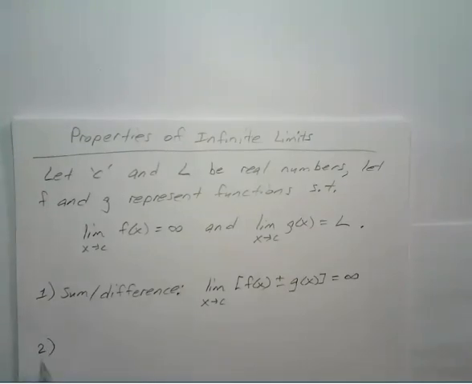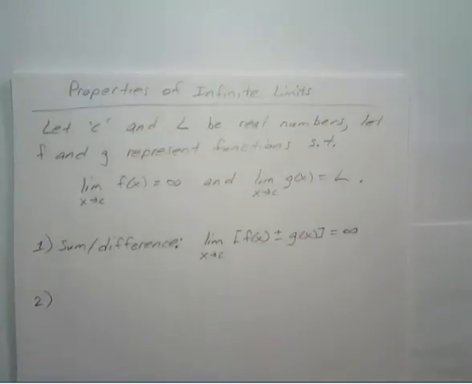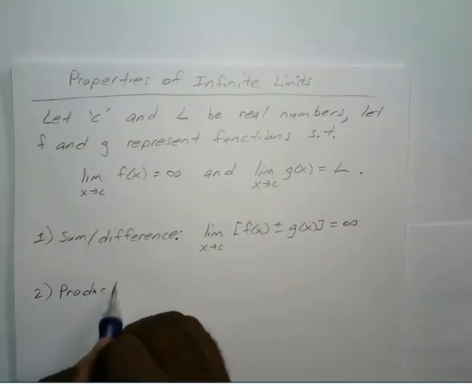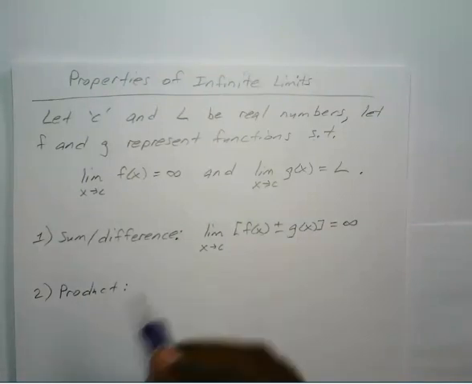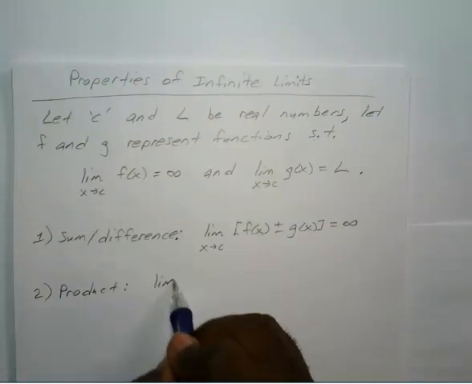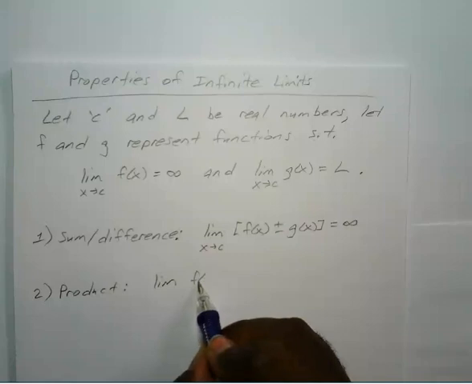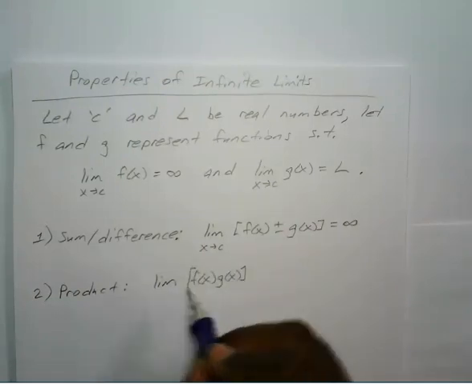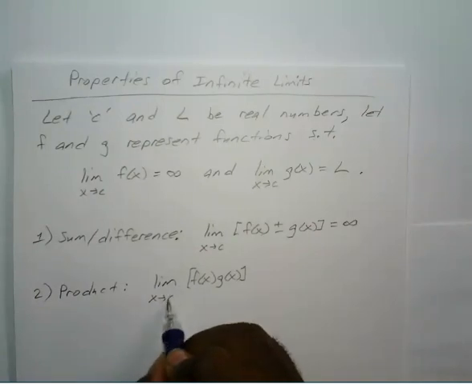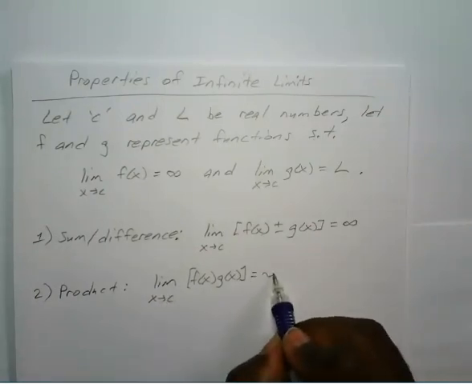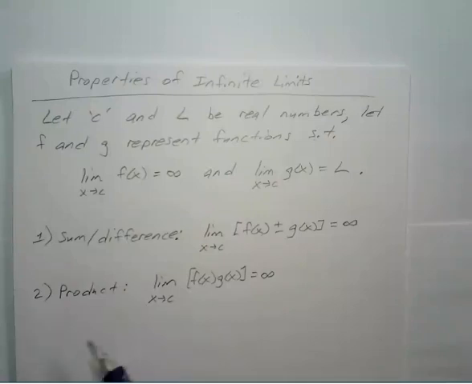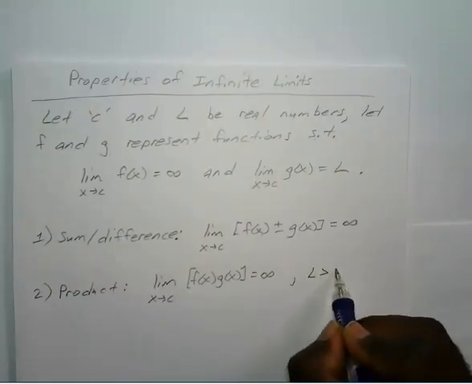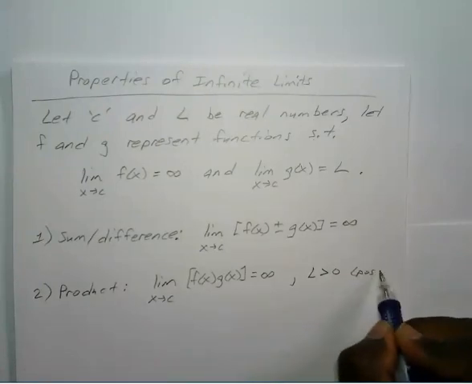Second, we're going to look at the product. So if you have the limit of f of x times g of x as x approaches c, that's going to equal infinity, but only if that limit L is positive, so if that limit is greater than 0.